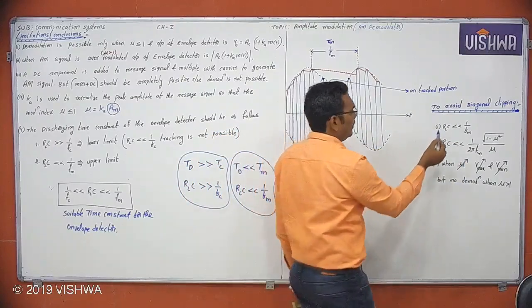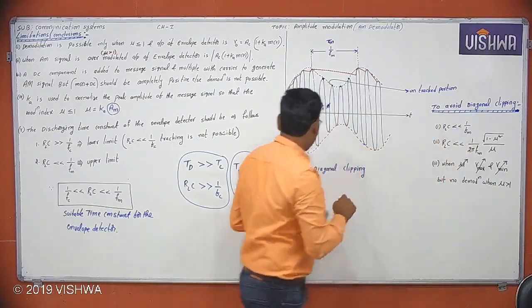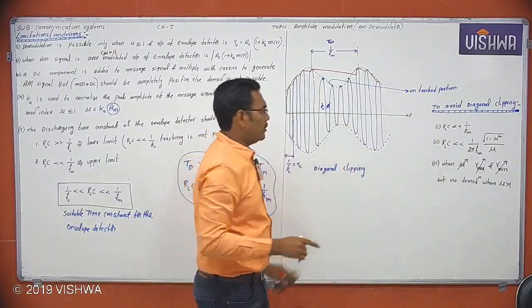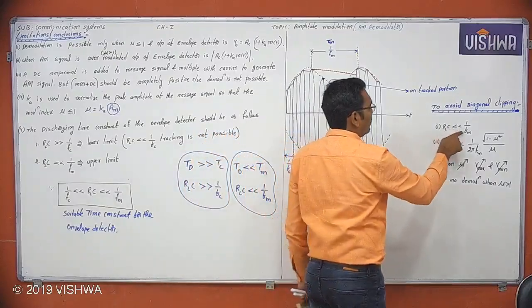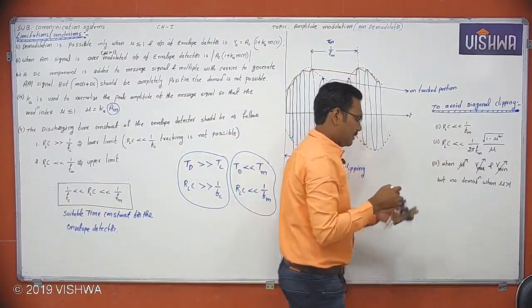If RL into C is greater than 1 by Fm, diagonal clipping will occur. So RL into C is far less than 1 by Fm, then no diagonal clipping.